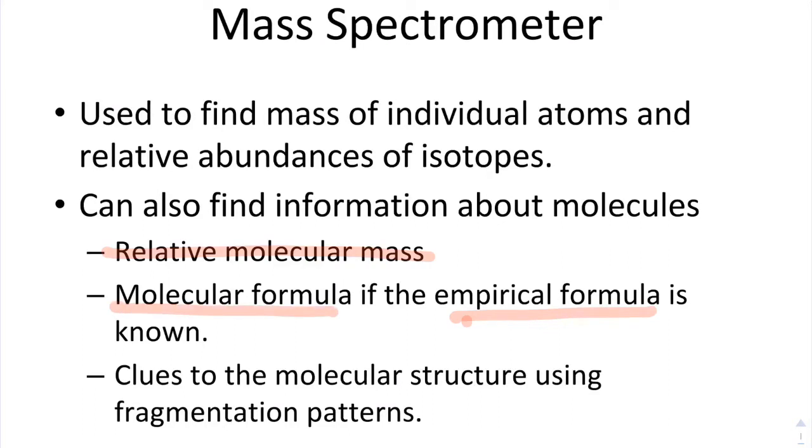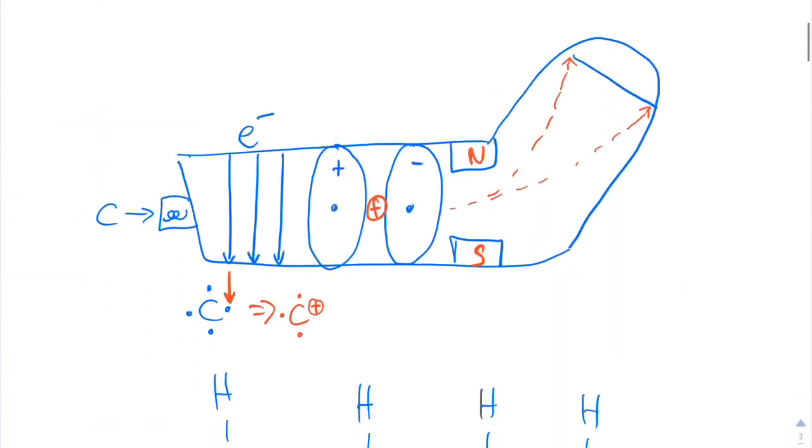You'll remember the empirical formula: percent to mass, mass to mole, divide by small, all that stuff. Then you would compare that to the real molar mass over here. Now today, we're going to see if we could use it to help figure out some organics. So let's take a quick look at the instrument itself again.